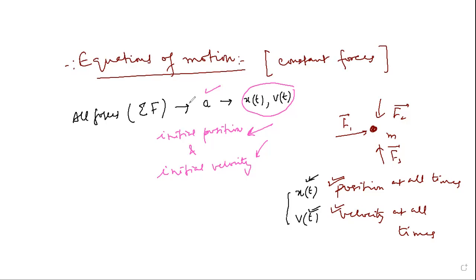Now, if the force is constant, then our acceleration is constant. And for constant acceleration, the solutions of x of t and v of t are easy. We will do it now, how to obtain that. So we are taking first forces constant.